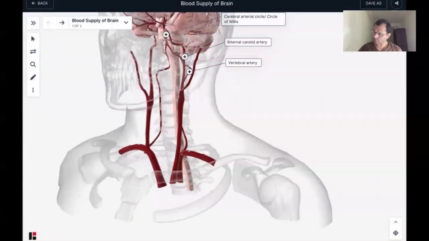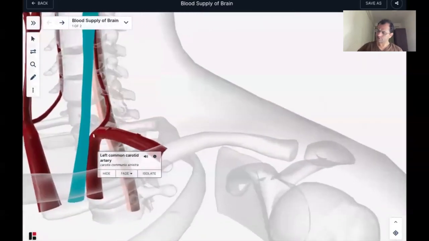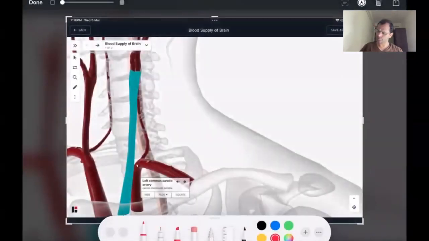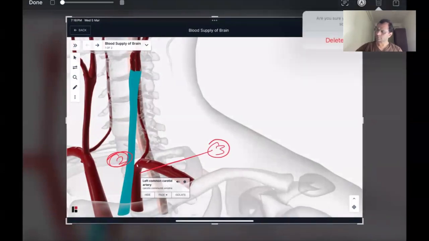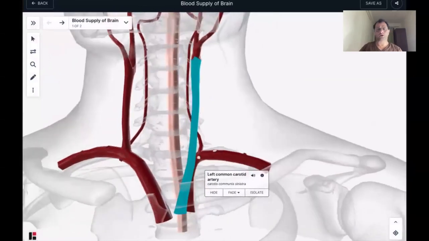Then branch number 2, the common carotid artery on the left side, the left common carotid artery. And this is branch number 3, the subclavian artery. So three branches come upward from the aorta, as we discussed yesterday.